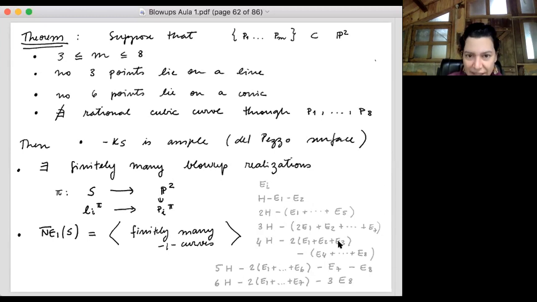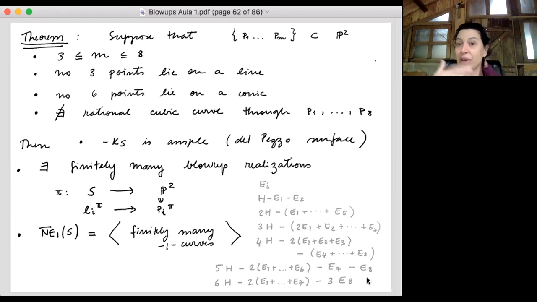Then we have the quartics that pass through 8 points and are double at 3 of them. Then we have the quintics that pass through the 8 points and are double at 6 of them. And finally, we have the sextics that pass through the 8 points, are double at 7 of them and triple at 1 of them.